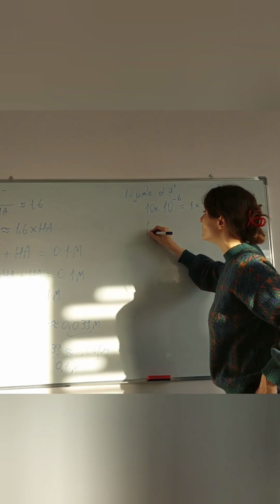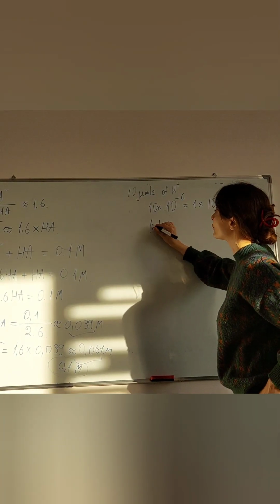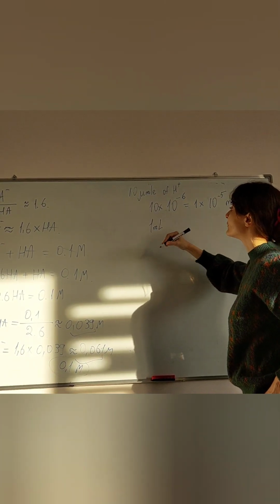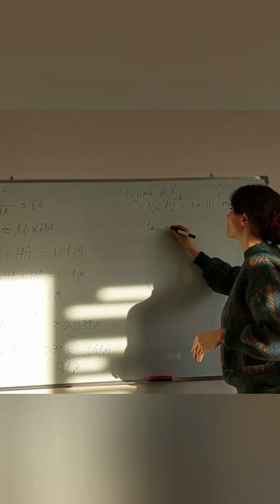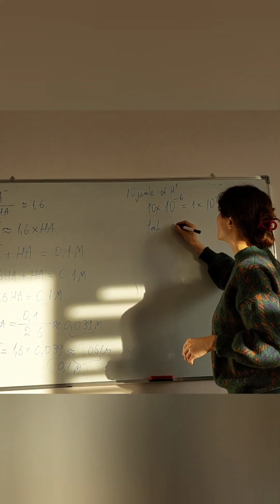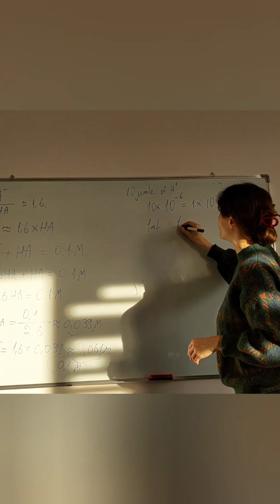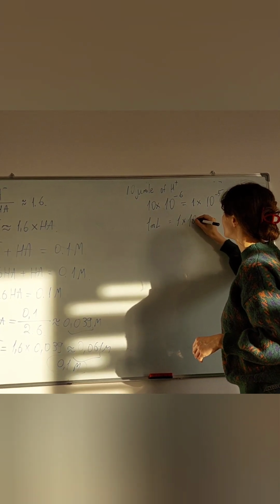As for the 1 milliliter of solution, we have to convert it into liters. So 1 milliliter is going to be 1 times 10 to the power of negative 3 liters.